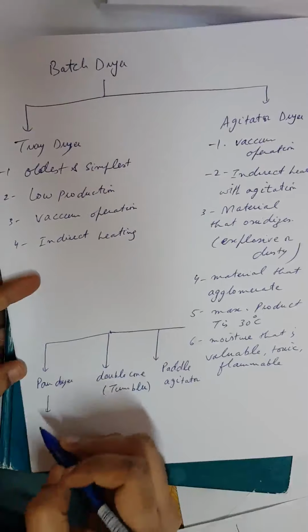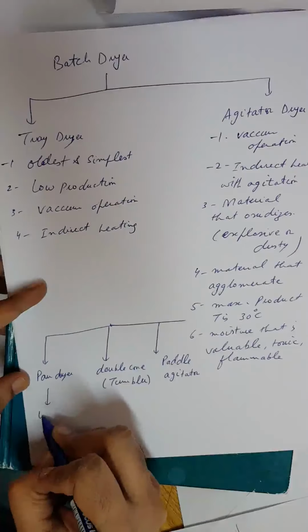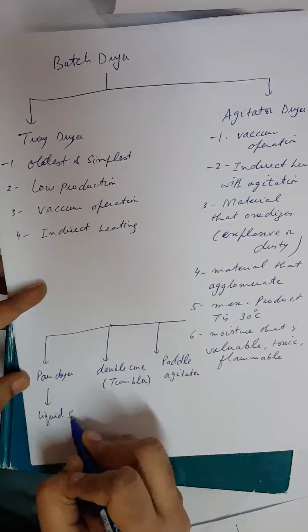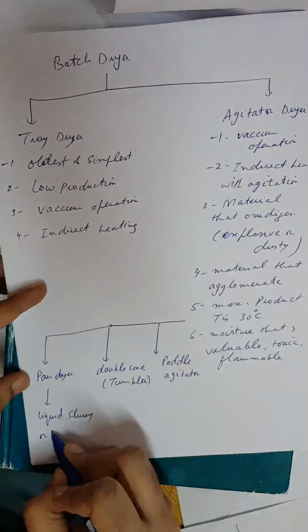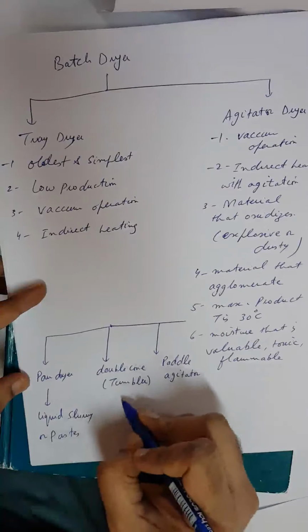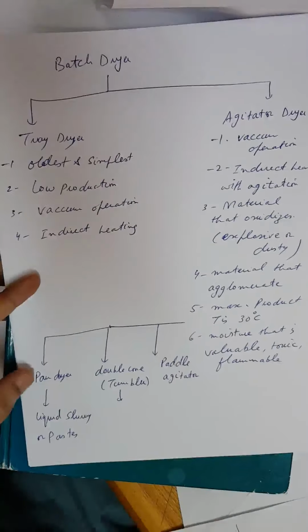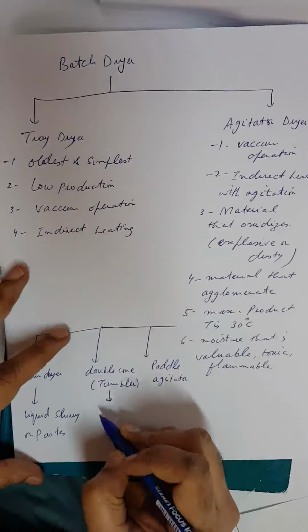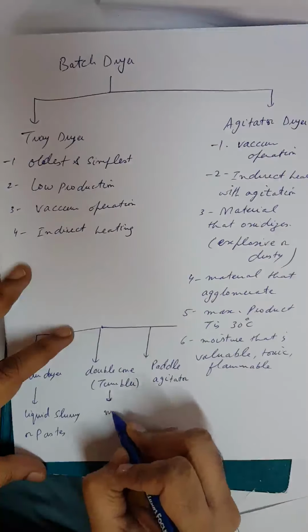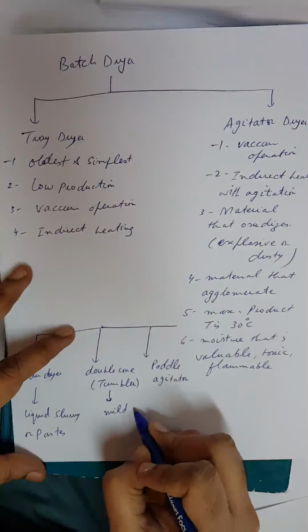So pan dryer is basically used for liquid, slurry, or pastes. Tumbler dryer is mainly used for the same, but mild agitation is needed.